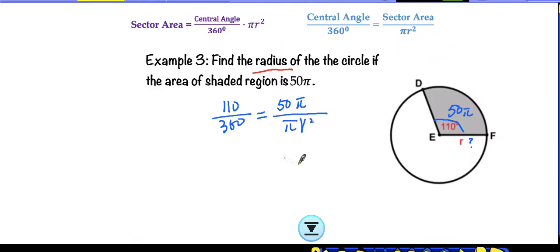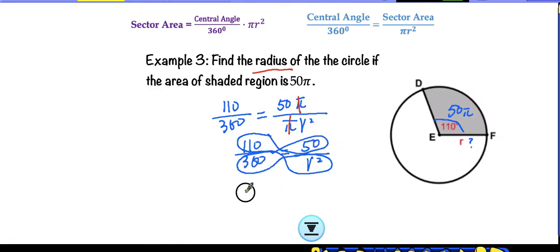So again, in order to move on, it's always a good idea to simplify as much as you can. We both have pi here. Pi over pi, what happened? Cancelled. So we are going to rewrite the whole thing as 110 over 360 equals 50 over r squared. In order to solve that, what do we need to do? Cross multiplication.